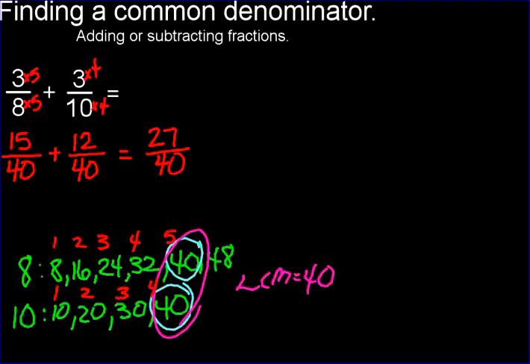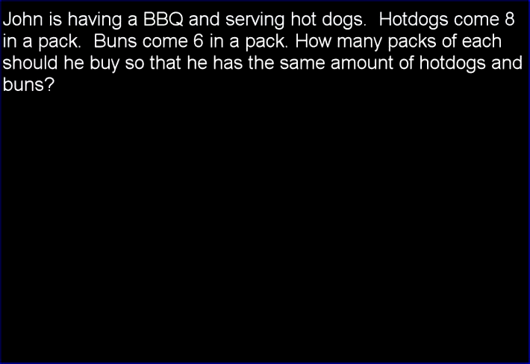So let's look at a real-world situation for using LCM. John is having a barbecue and serving hot dogs. Hot dogs come 8 in a pack, and buns come 6 in a pack. How many packs of each should he buy so that he has the same amount of hot dogs and buns?